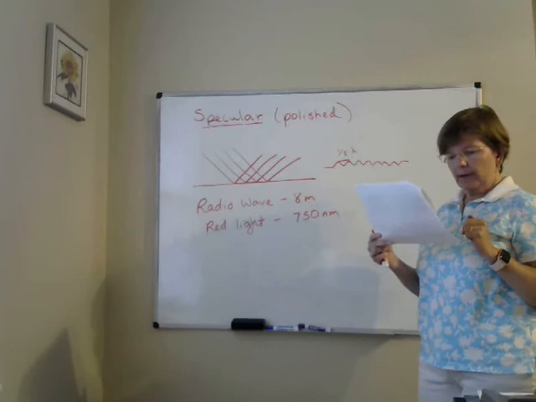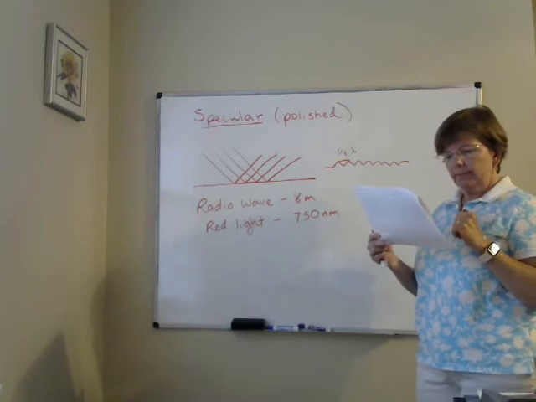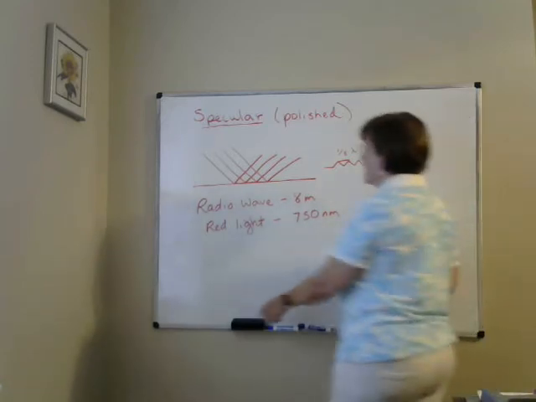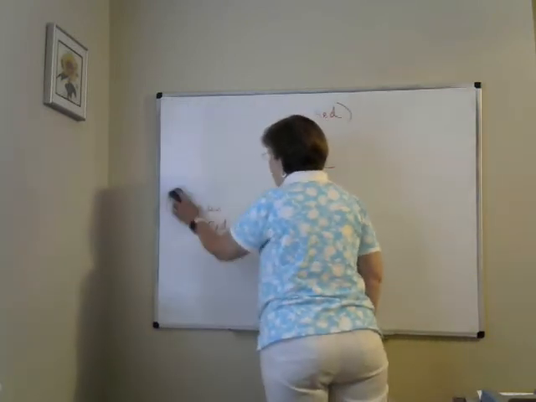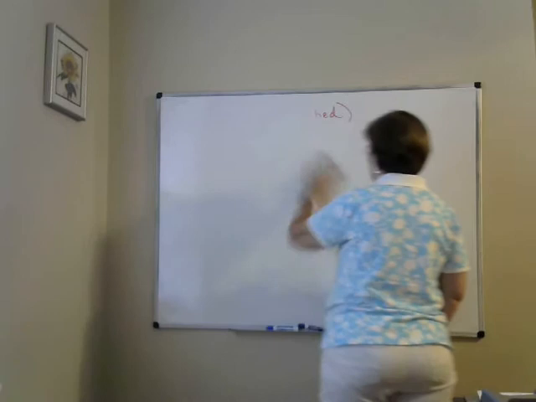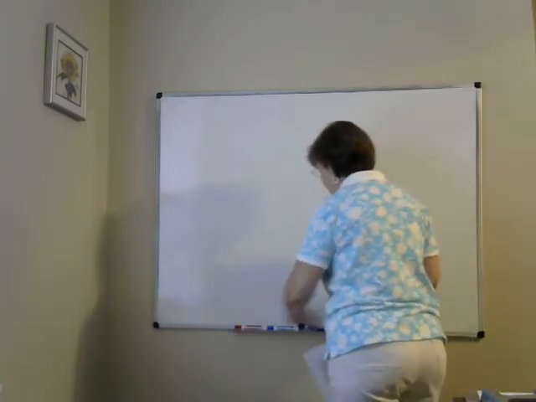See if I've talked about everything I want to talk about reflection. I think so. So let's go back to this idea of refraction. Okay. Refraction really just means the bending of light.